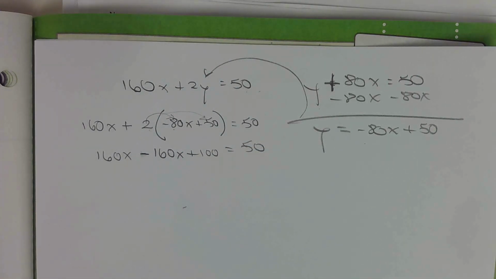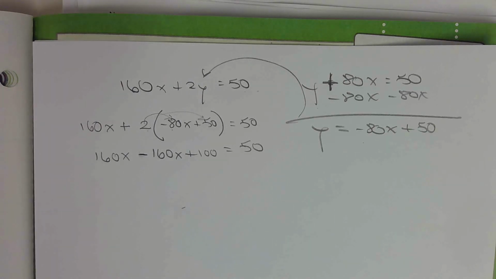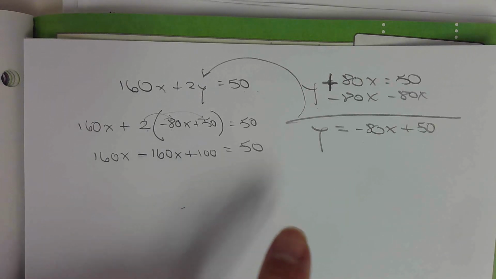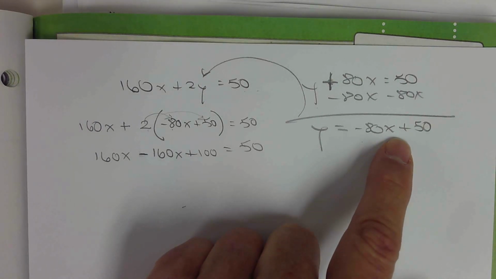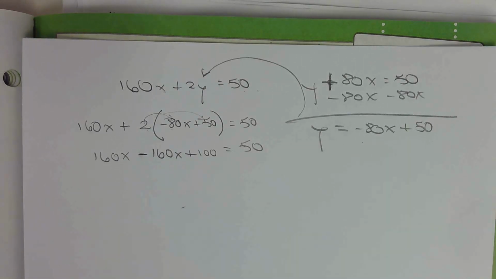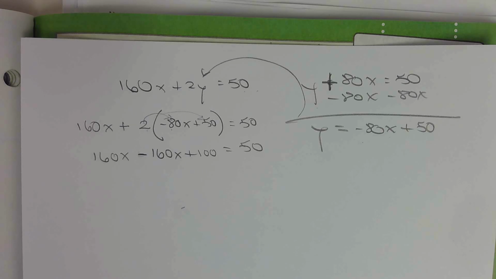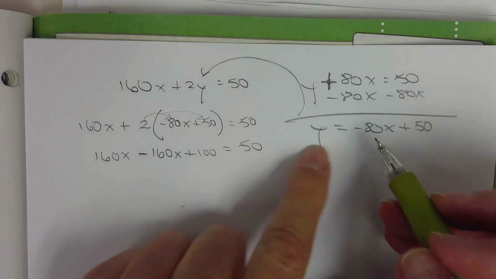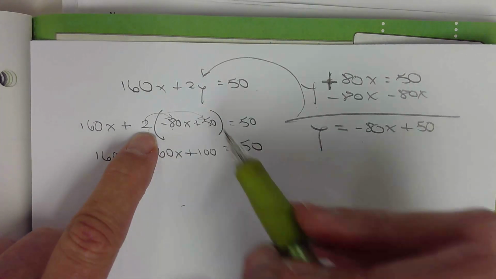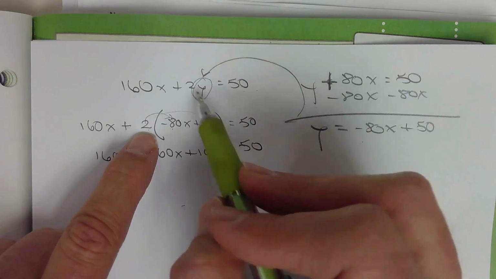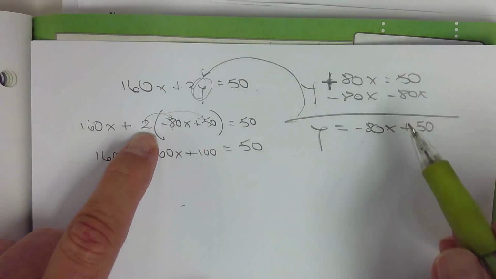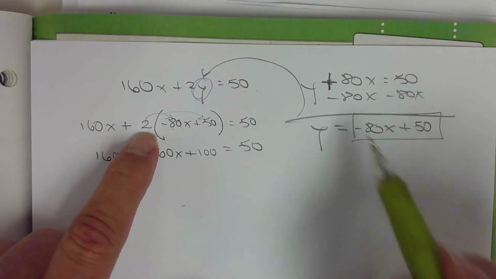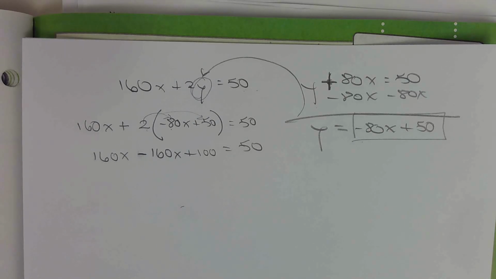Mr. Gray? For y equals negative 80x plus 50, wouldn't you also divide the 50 by 2? No, because you divided the negative 160 by 2. It was 2y, so it's 2 times y, and this is y.